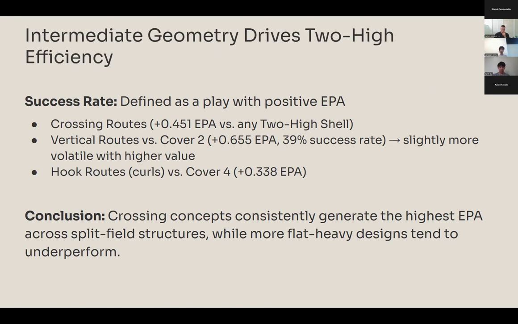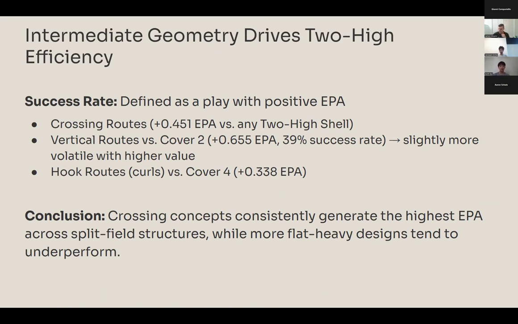routes. And then we also saw that vertical routes versus cover two had a pretty high added EPA, but a slightly lower success rate. This made sense because if you're taking shots down the field or down the middle, let's say you're running a post route targeting the middle of the field, it's possible to split those two safeties and get a very high EPA play.